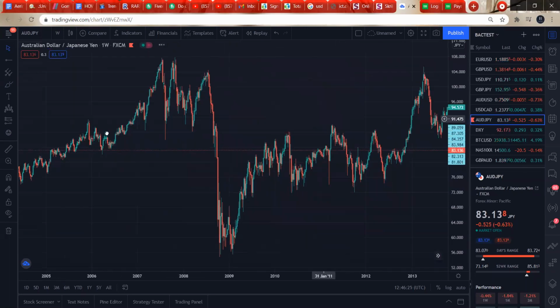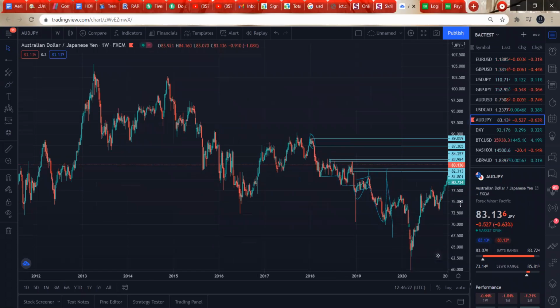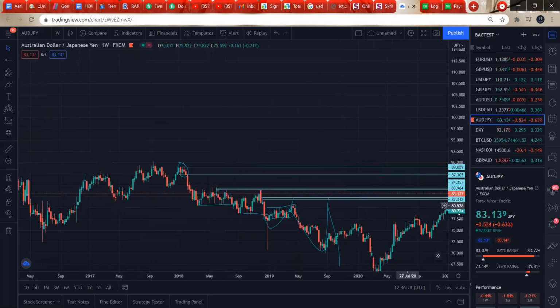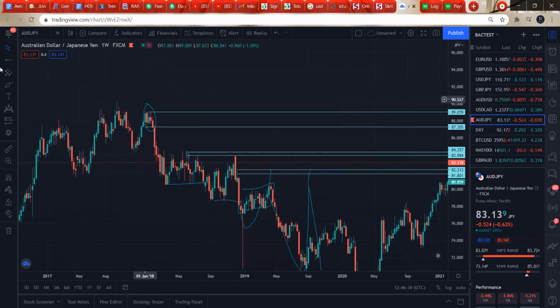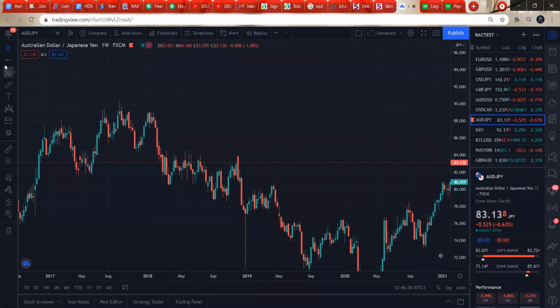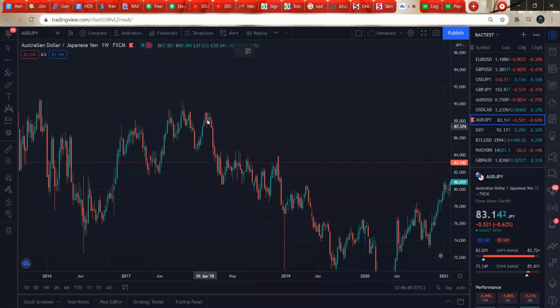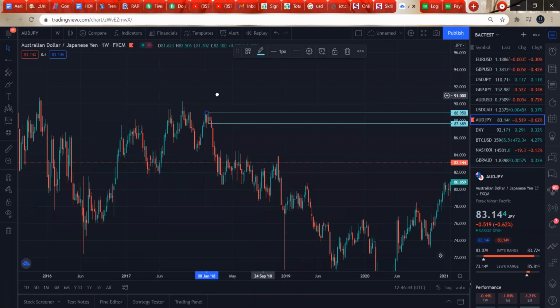Where's that thing? You see, this is what I wanted to show you. See, this is the weekly, right? So if we're starting to draw order blocks from the weekly, you see, it's there.